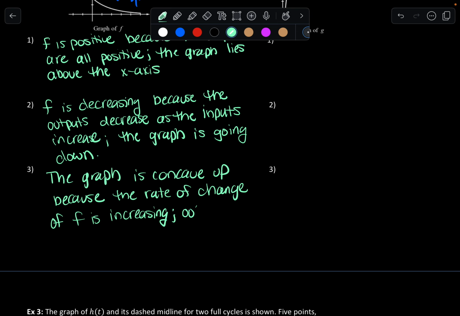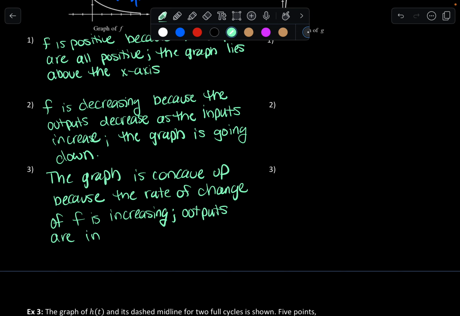Or another way to say it is the outputs are increasing. Sorry, the outputs are not increasing, and I need to fix that on my key. The outputs are decreasing. Oh, wait, no, that is correct. Sorry. It's late.